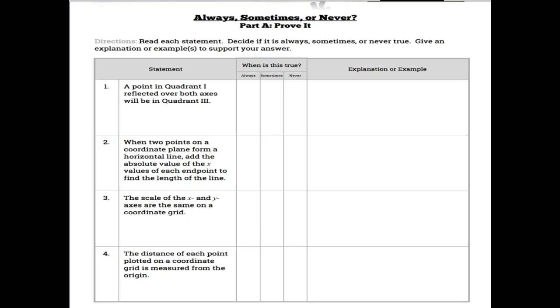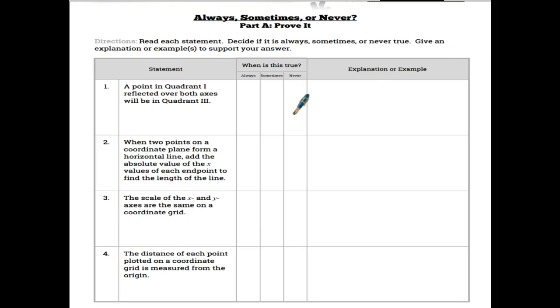Okay? Now, this part is called always, sometimes, or never. Now, with these statements here, you are going to begin thinking about them yourself, and then you are going to be able to talk with the person next to you about if you think it's possible, or if it's sometimes true, always true, or never true.